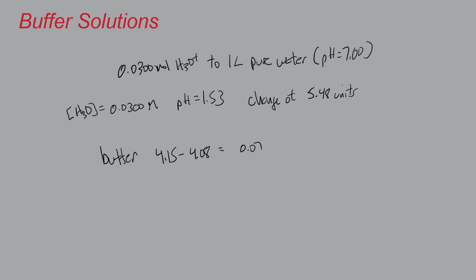So that is merely a change of 0.07 units versus 5 units. So this is a suppression of the pH change by many, many orders of magnitude, roughly 5, so somewhere in the order of hundreds of thousands. So again, it changed a little bit, but not by much. All right, so that is buffers.